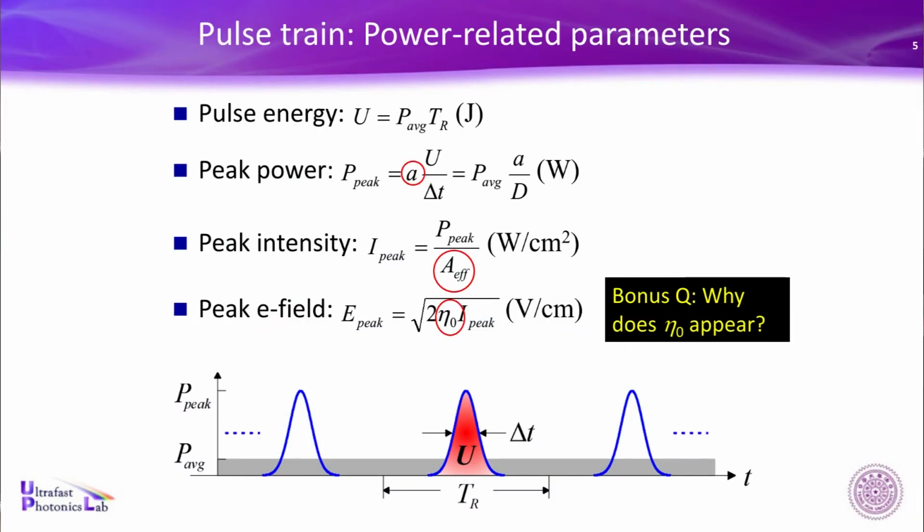Let us go back to the material. So I have one bonus question for you. Okay, take this chance. Why does this formula have a parameter eta 0 here? Do you know what this is? Resistance. What resistance?